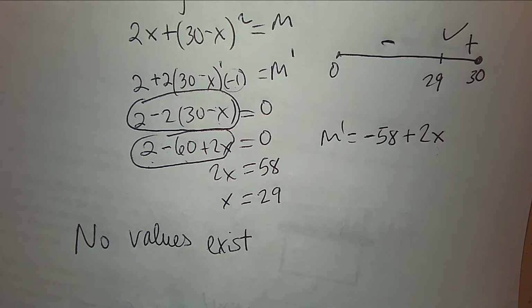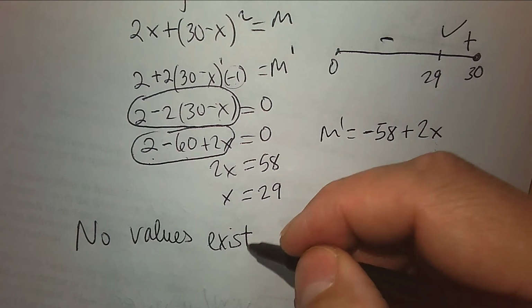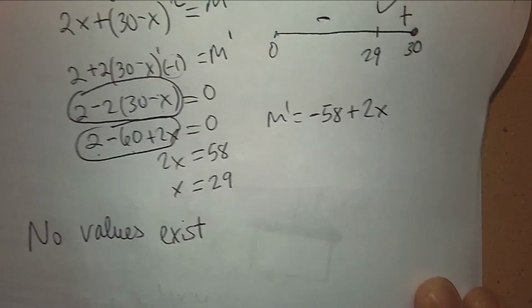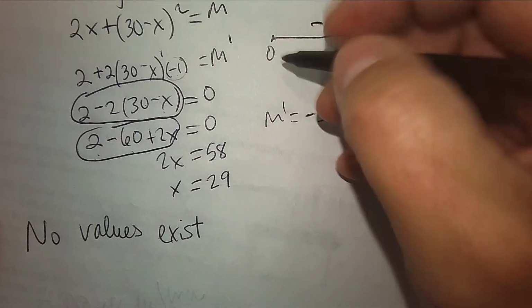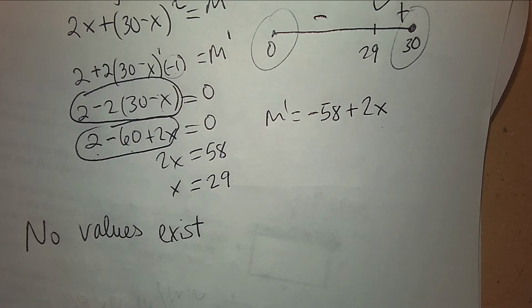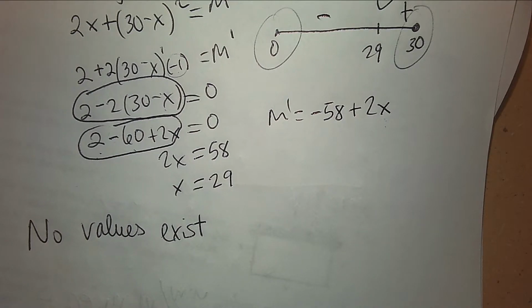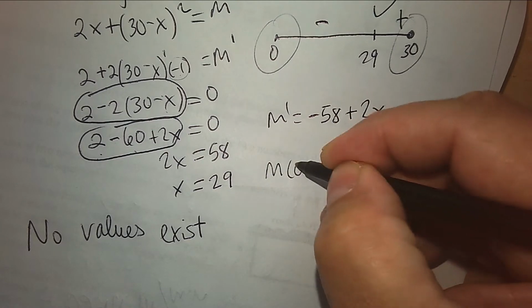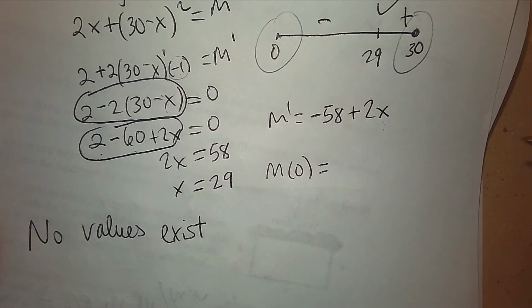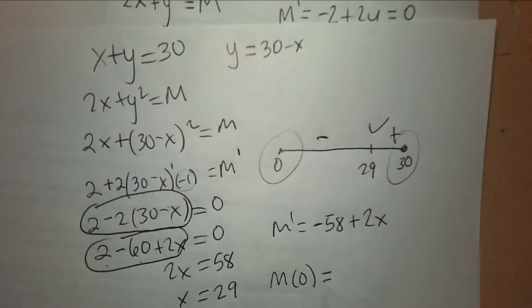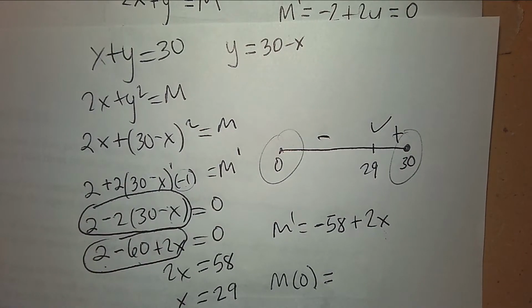Oh, you know what I didn't test? The ends. I think 0 could be an answer, right? So, if I plug in 0, and by the way, if one is 0, the other is 30, right?